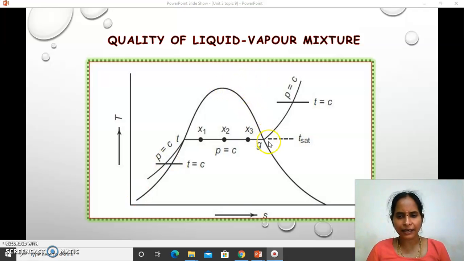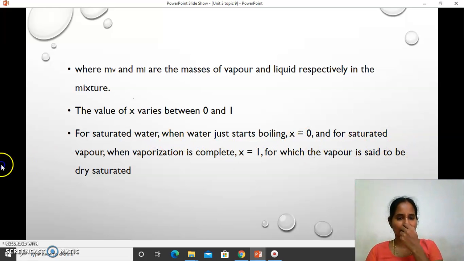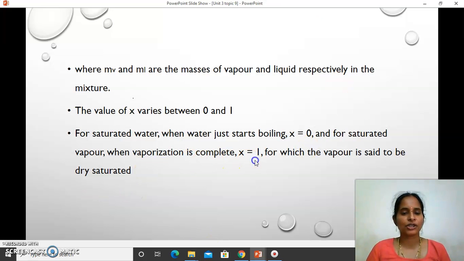If it is full vapor, then x is equal to 1. So the x value varies between 0 and 1. Saturated water means water that just starts to boil, so x is equal to 0. And for vapor, when the vaporization is complete and it is on the dry saturated line, x is equal to 1, which is said to be dry saturated vapor.